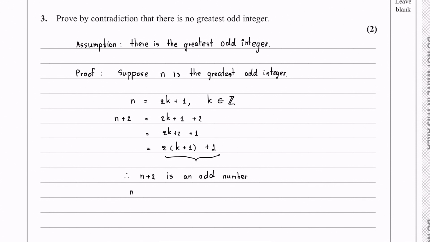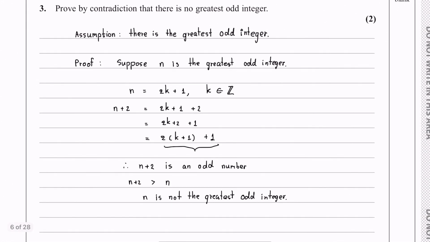But we know that n plus 2 is greater than n. So that means n is not the greatest odd integer. And you can see the contradiction here.